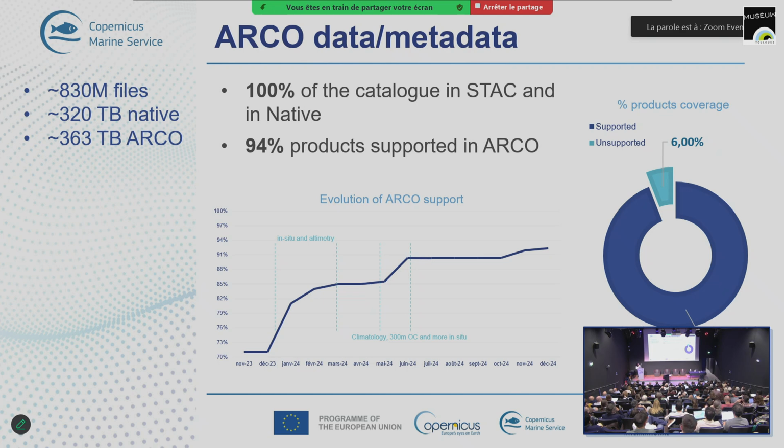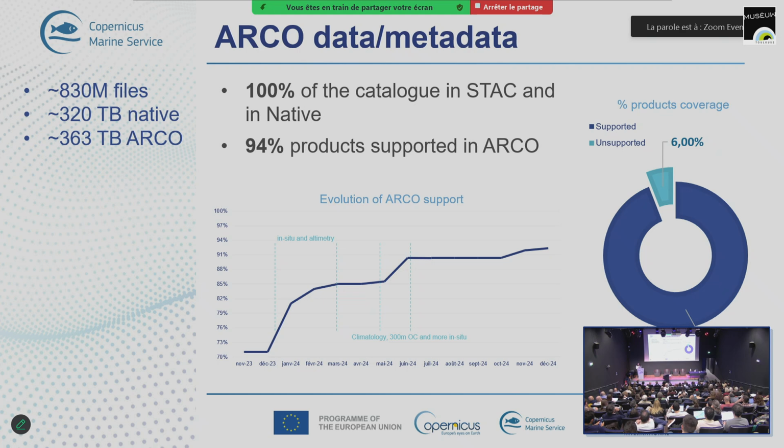We can see here the evolution across the year of 2024, from the November release of 2023, of how the percentage of products of the catalog has been increasing. We had some, let's say, major improvements when we started archiving and supporting in situ datasets, when we started supporting altimetry, along-track altimetry datasets.